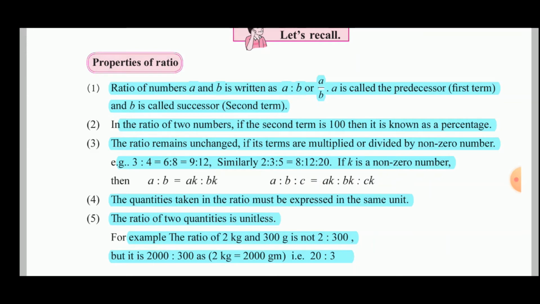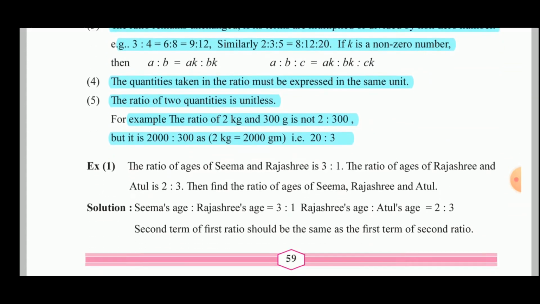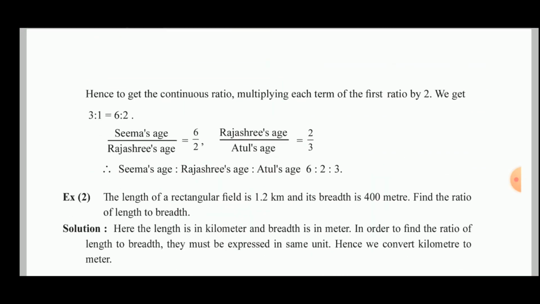The ratio of two quantities is unitless. For example, the ratio of 2 kg and 300 grams is not 2 is to 300. 2 kg you convert into 2000 grams. So 2000 upon 300 will be equal to 20 is to 3. So convert the larger unit into the smaller one and then take the ratio.